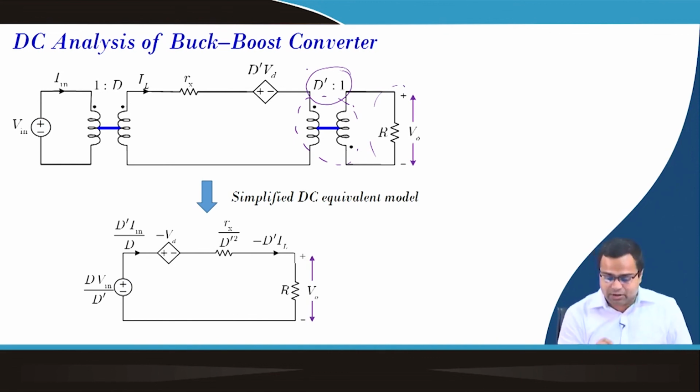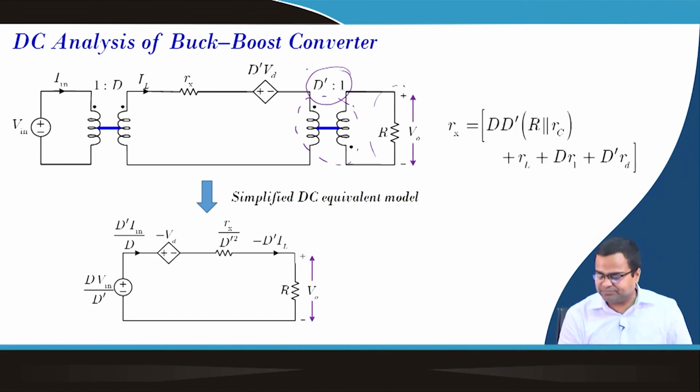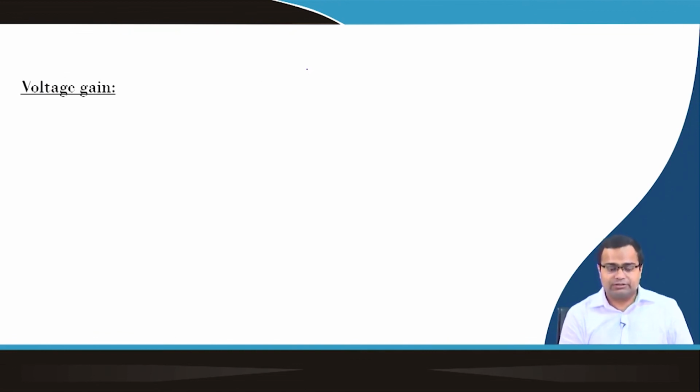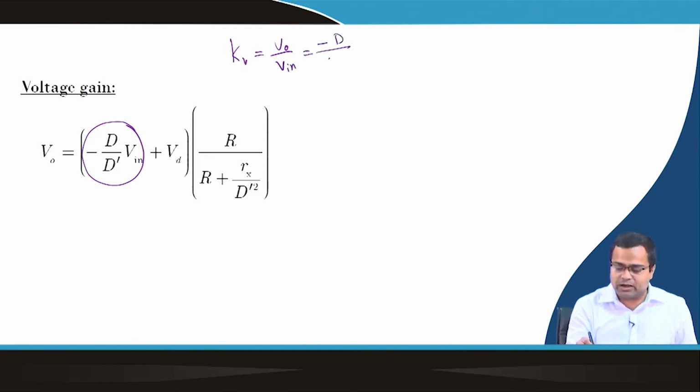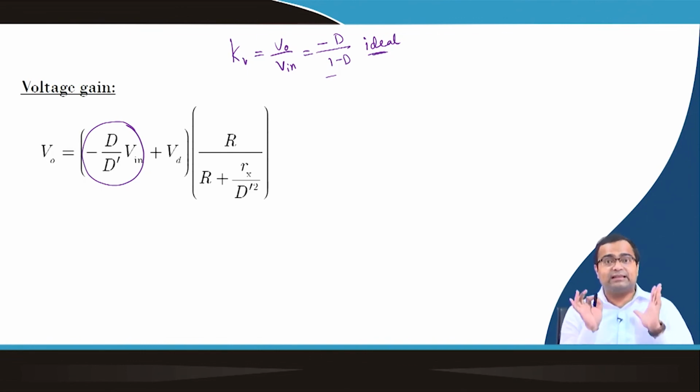So, if we write down this DC equivalent circuit, we can find the voltage gain, and for an ideal buck-boost converter, the voltage gain is simply D by 1 minus D. If you take kV, which is V0 by Vin, this is equal to minus D by 1 minus D in the ideal case. And this is an inverting buck-boost because there is a negative sign, and we know about this.